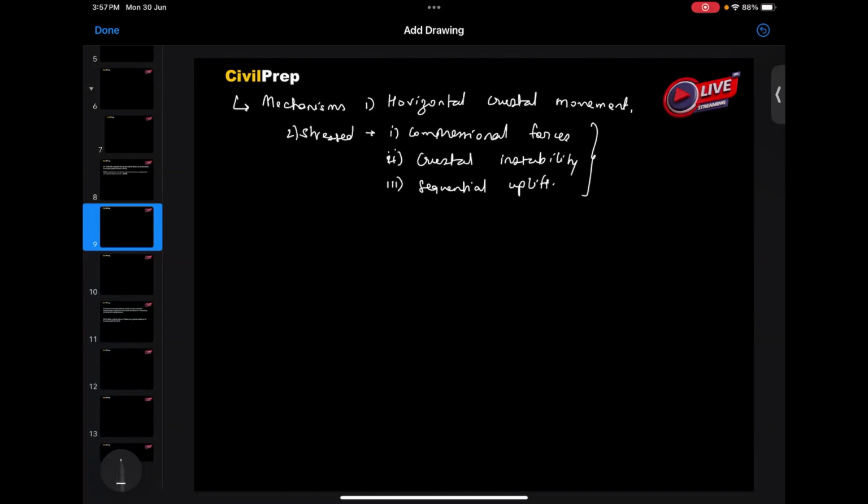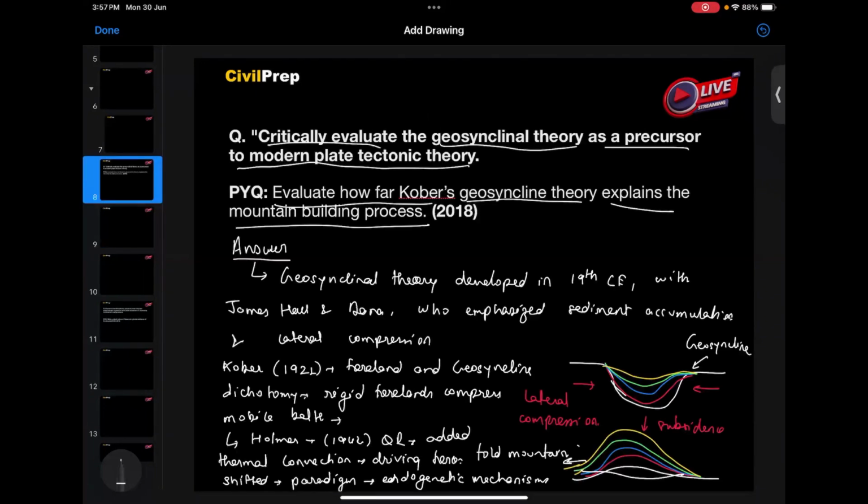All these things were later refined by the plate tectonics model. Looking at the question again, the evaluation of geosynclinal theory as a precursor to the modern plate tectonic theory, we need to elaborate on the geosynclinal theory which developed before the plate tectonic theory.